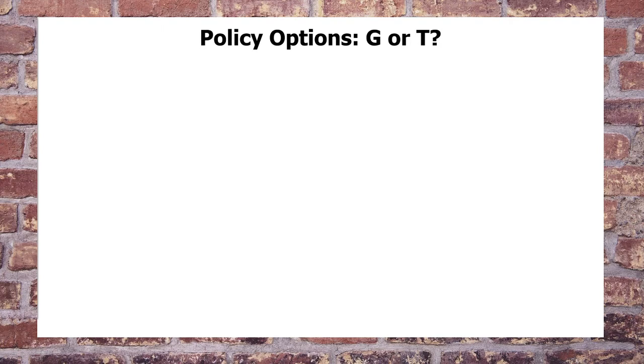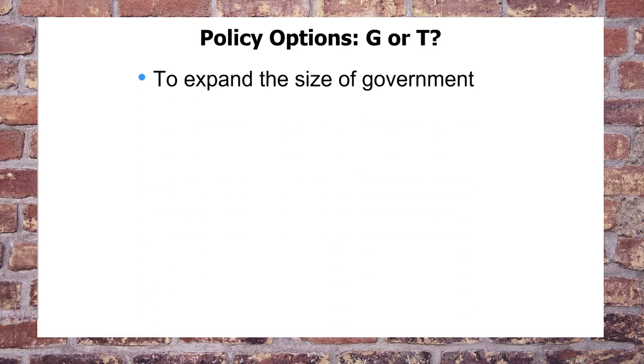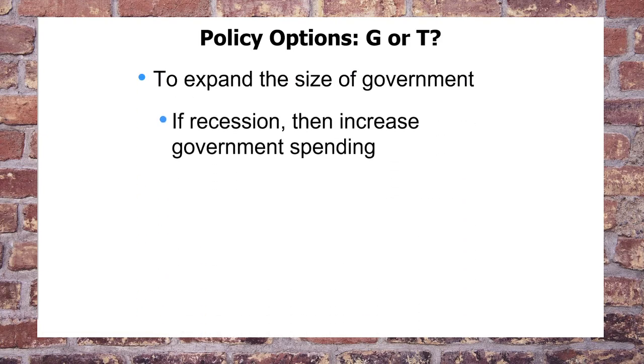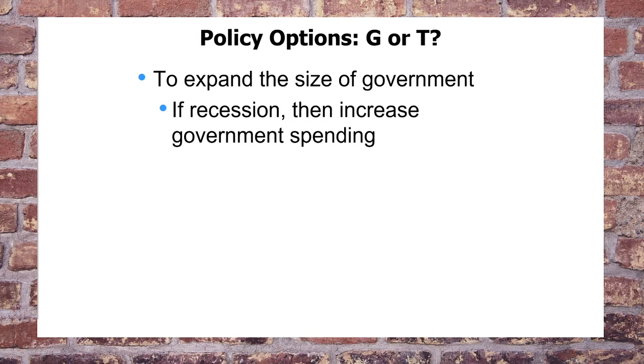So the policy options we have are government spending or taxes. To expand the size of government, so we want government to be bigger, during a recession we increase government spending. During inflation we increase taxes. That will make the size of our government larger, more involved in the economy.